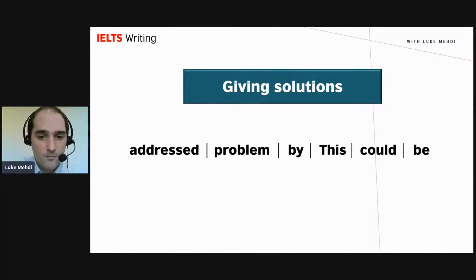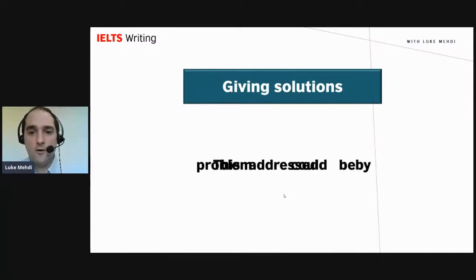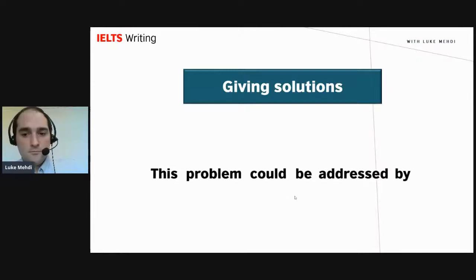What word form would usually follow? Would we follow it with a verb, a noun, some kind of other structure? This problem could be addressed by. What would follow that? What type of word?